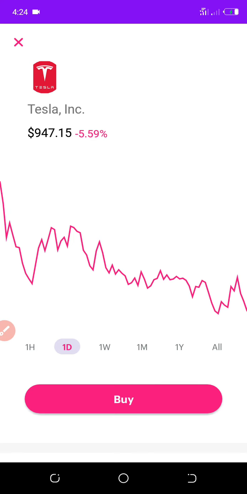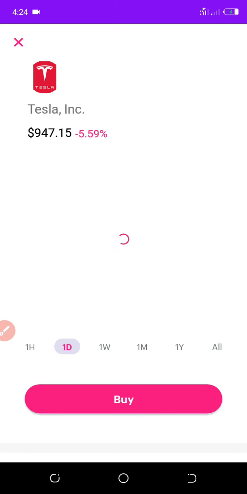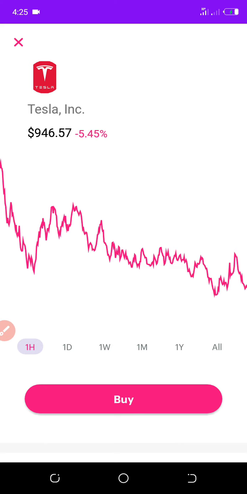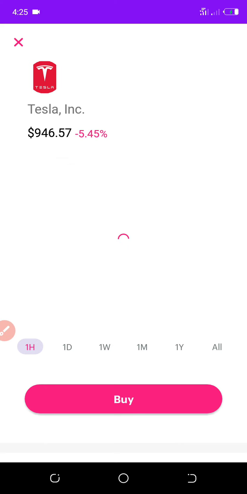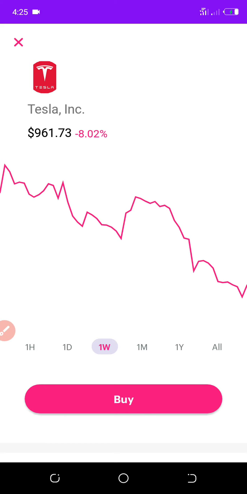As you see, this is the best time to buy this stock because it's now down 947. It's down by negative 5.59%. Go 1 hour. Let's see how it has been in 1 hour. It's still down. 1 week, it was down negative 8.